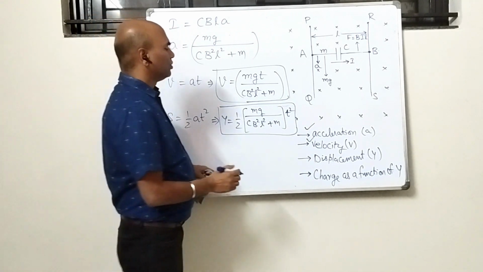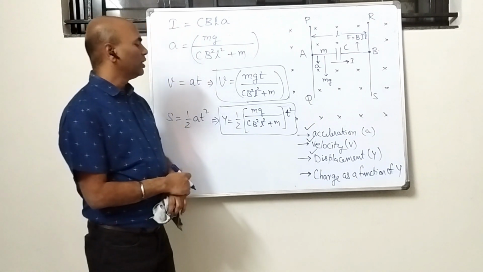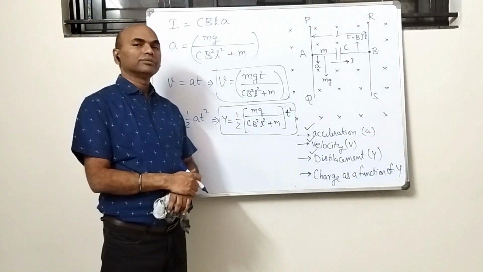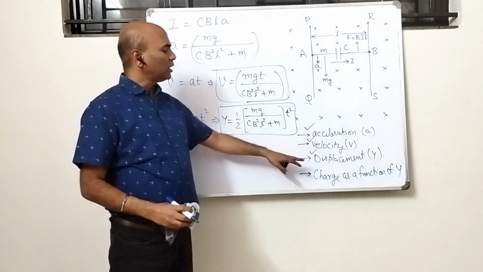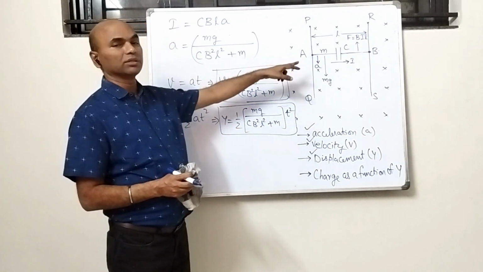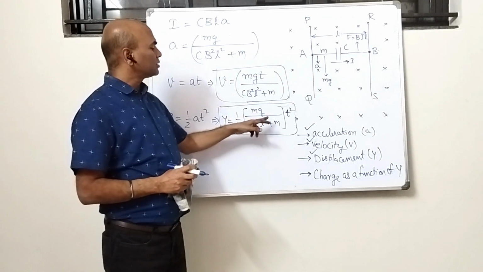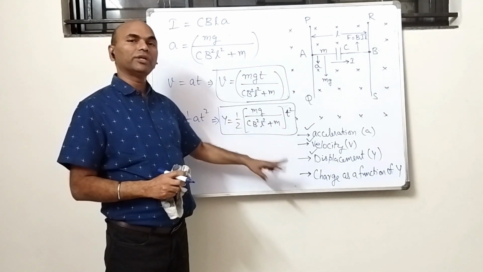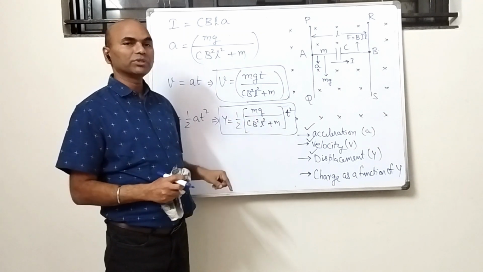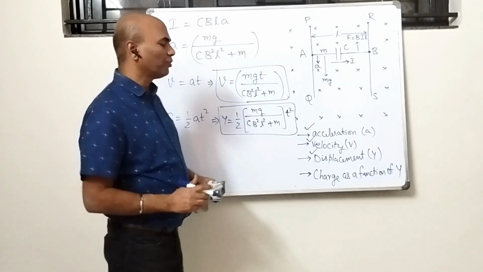Okay, so we have also got an expression for y, and lastly we have to get the charge on the capacitor as a function of y. For that, let us first write an expression for t. From the same equation we can just rearrange the terms so that we get the expression for t.